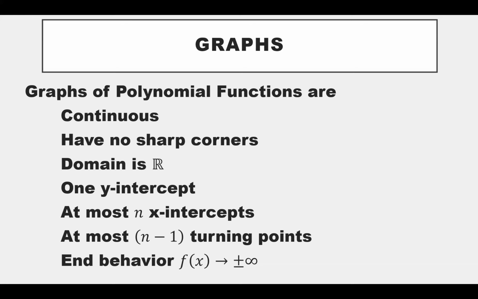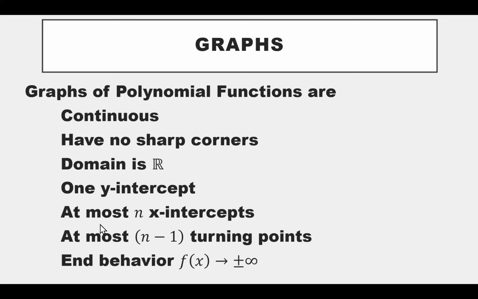As x goes to negative infinity, the end behavior is going to either go to positive or negative infinity. So these are really nice features of polynomial functions and their graphs. We have the fact that it's continuous, and it's continuous over the entire domain of all real numbers.